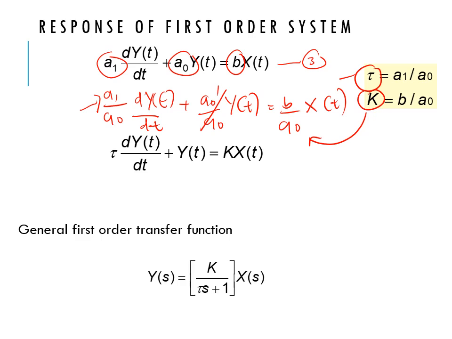And then we further substitute the terms dy(t)/dt and kx(t) with the transfer function of linear property. Alright, so you can refer to the Laplace transform of the linear property, and then you'll get this equation: tau s Y(s) plus Y(s) equals K X(s).